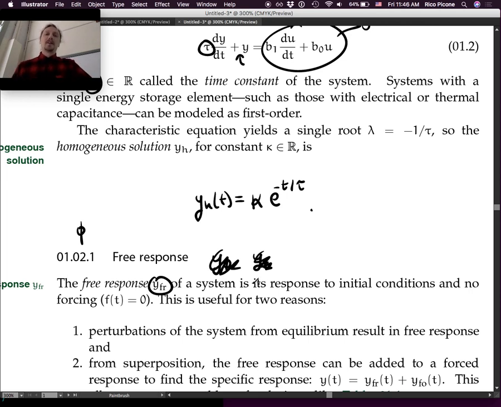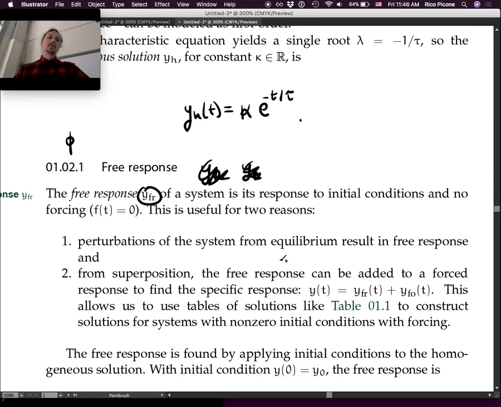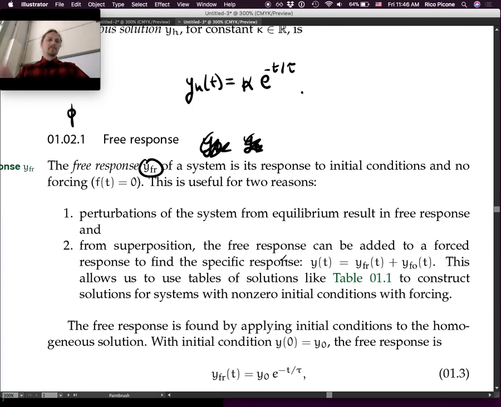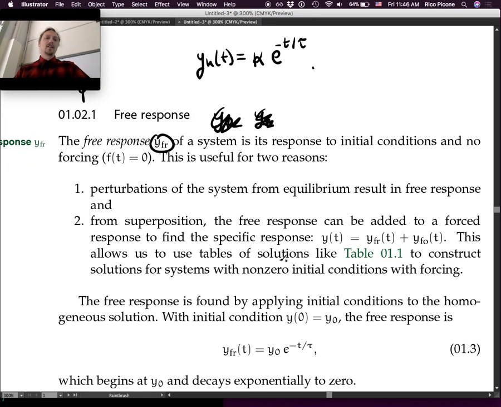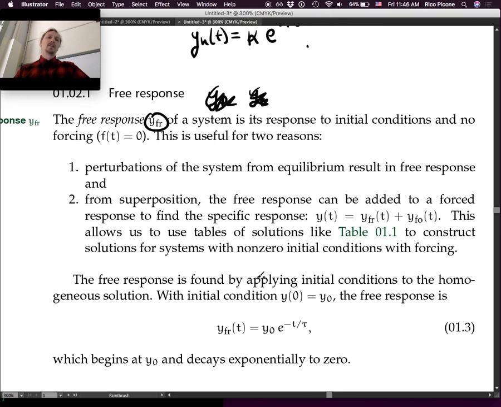The free response of a system is defined as its response to initial conditions and no forcing. So the forcing function is set to 0. That is essentially the homogeneous solution with the initial condition being applied to it directly.